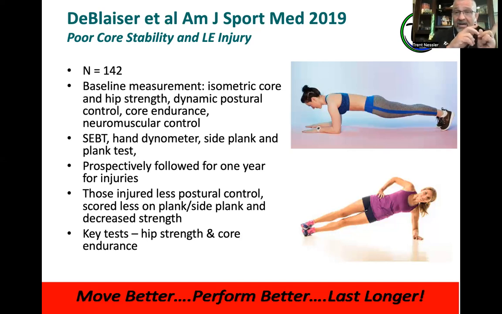When I go to cut, my limb is in a much more disadvantaged position. Also, the force vector from my center of mass going through my knee is very different than if I had landed with my center of mass over my limb. So control of your pelvis is absolutely essential.